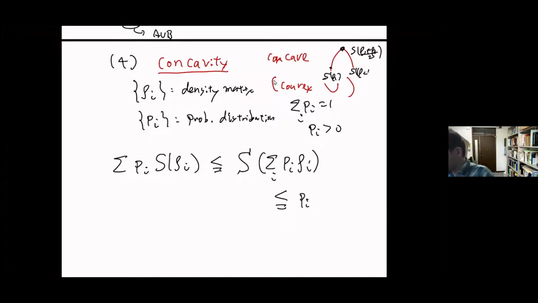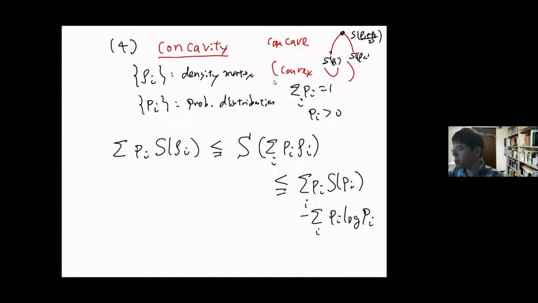The upper bound is given by the same expression, but with some extra term, minus sum of p_i log p_i. This is called Shannon entropy, a classical version of quantum entropy. It's good because we have an upper bound and a lower bound, so we can prove this precisely.